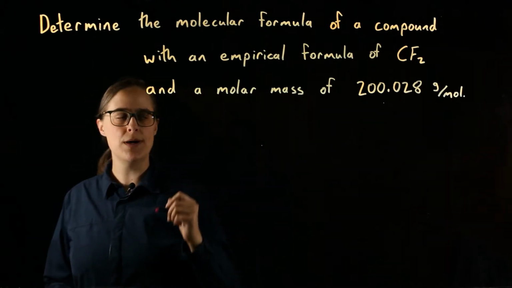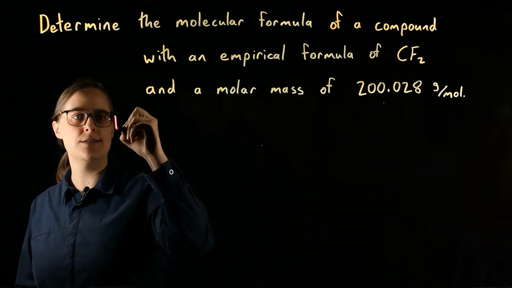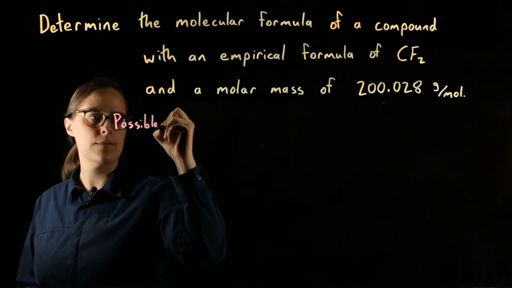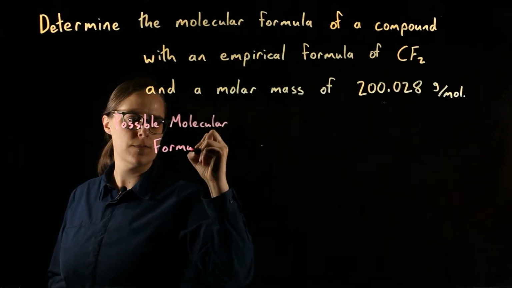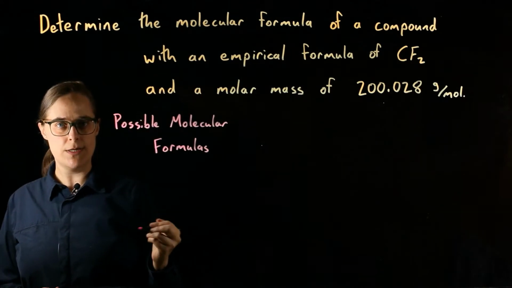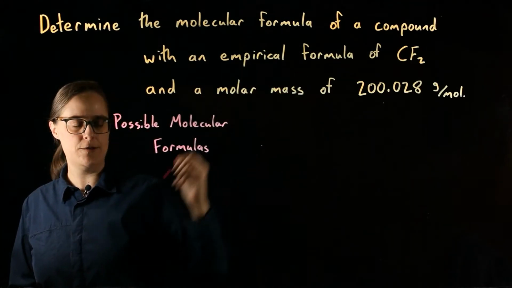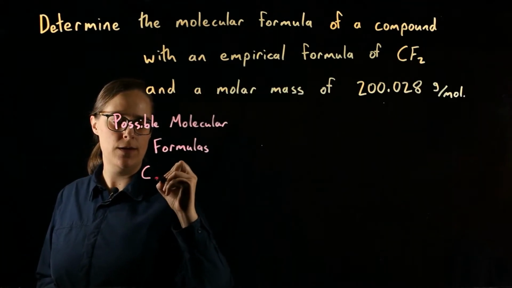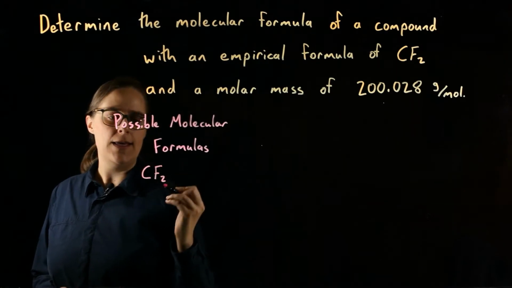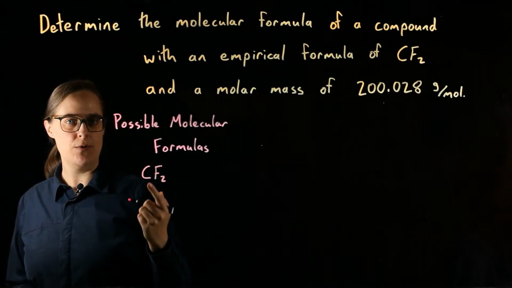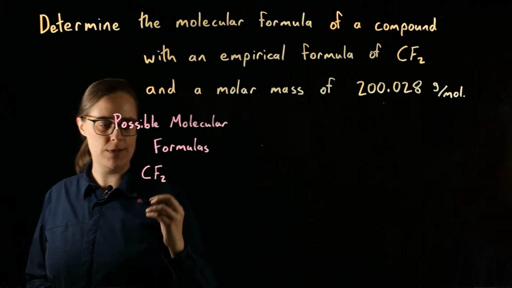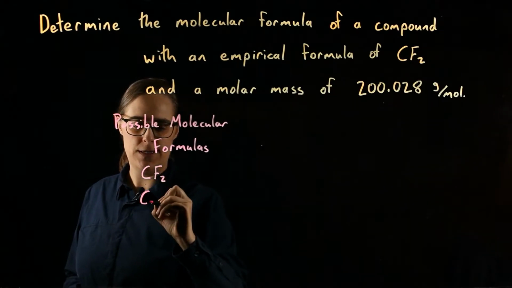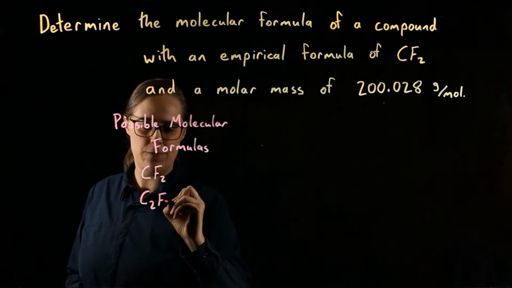Let's list possible molecular formulas. First would be CF2 and any other compound with a ratio of 1 carbon to 2 fluorines. So we can multiply both of these by 2 and get C2F4.